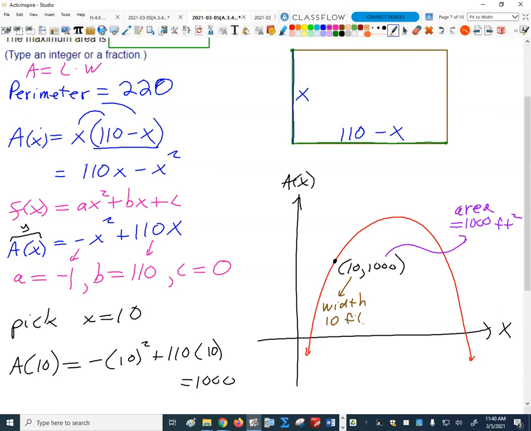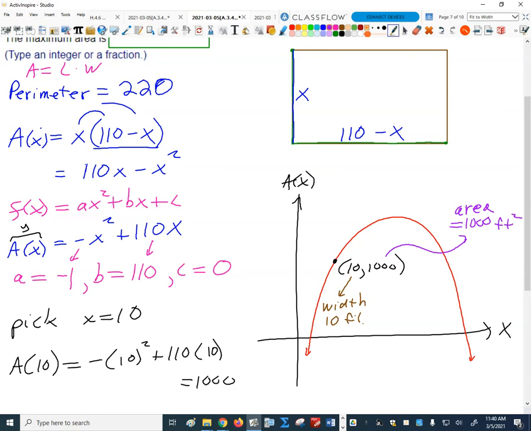Okay, now I know we've got to go, but give me just 30 more seconds here, and then we'll wrap this up. So do you see a place on this parabola where I could be absolutely certain that my area, the y-coordinate, is going to be the biggest possible area? Where would that be on my parabola? What do I call that point where I know I'm getting the maximum value for my function, for the output? Yeah, look at that.